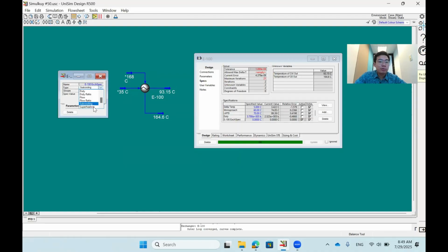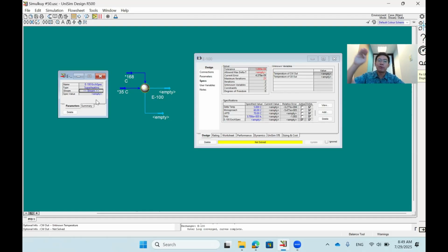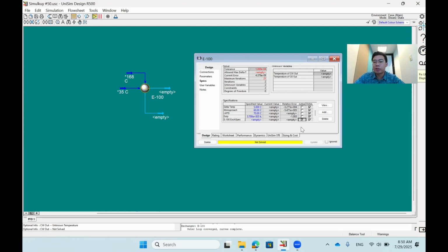And then superheating is the other side of this. If you want to heat up a certain stream above the saturated vapor by how many Celsius, that is what superheating means. So you could see that there are a lot of things that we can try to spec here, and it depends on your case.